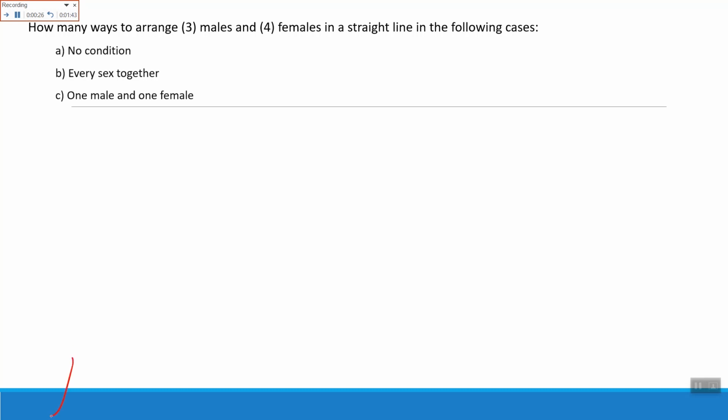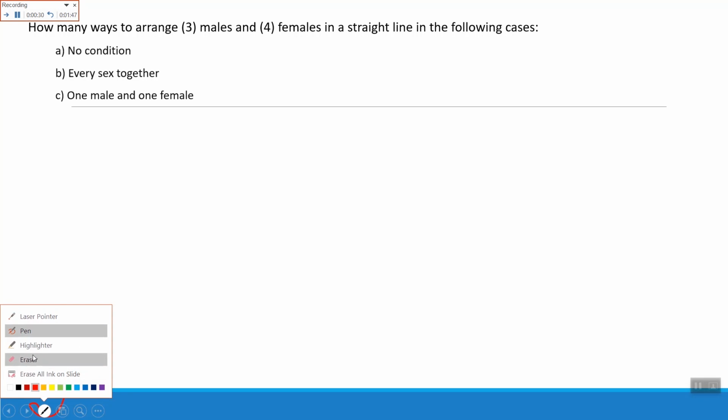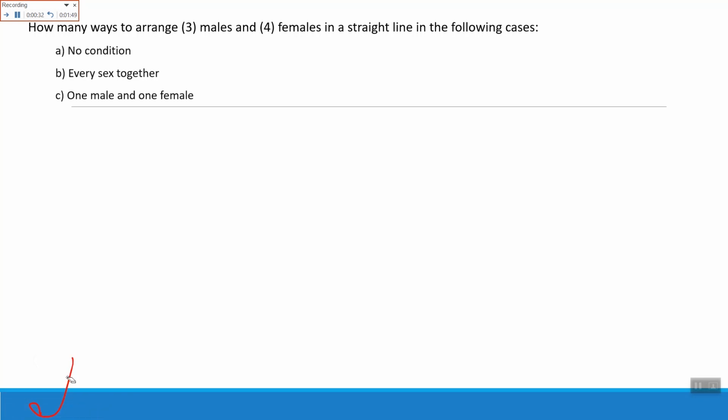So in this question, they're basically asking about the number of ways in which we can arrange 3 males and 4 females. We will start with part A. In part A, there is no condition.